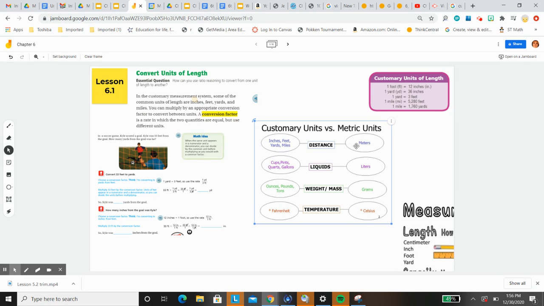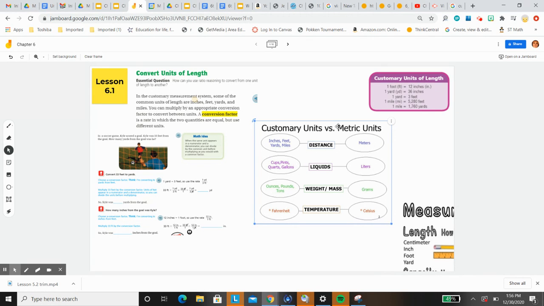It has just one word that stands for one unit, and then we add a prefix to it, and I'm going to go into that a little bit later in this lesson. This video may end up being a little bit longer today. That's okay, because we need to understand how to do this work. All right, so I will make sure you understand that I'm going to start today with the customary system, okay? And then we're going to get into metric.